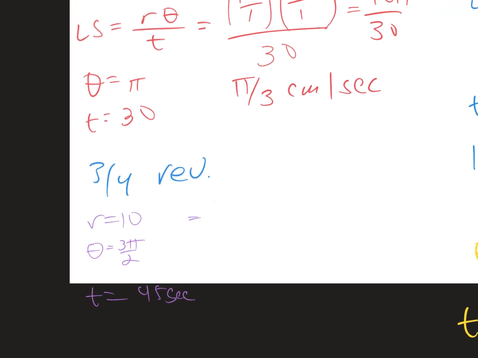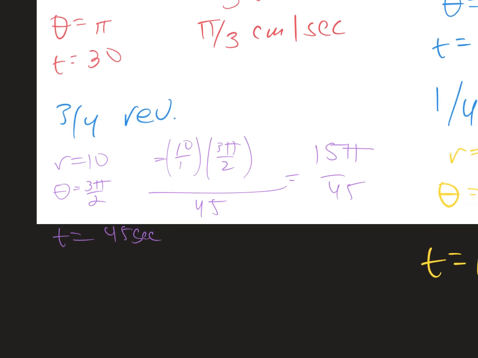So this would become 10 over 1 times 3 pi over 2 divided by 45. Simplify the numerator first, guys. 10 times 3 is 30. So you have 30 pi over 2, which simplifies to 15 pi over 45, which becomes what? Pi over 3 centimeters per second.